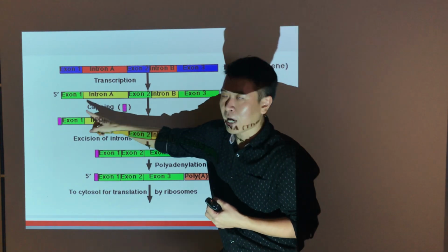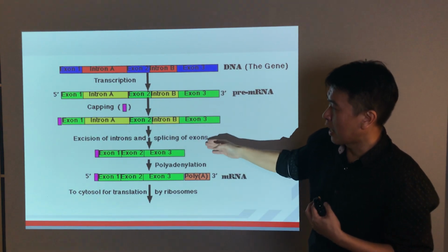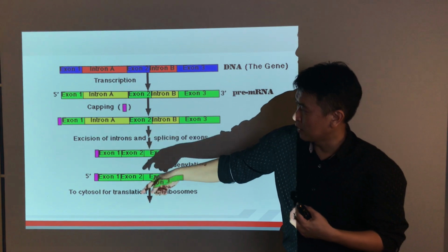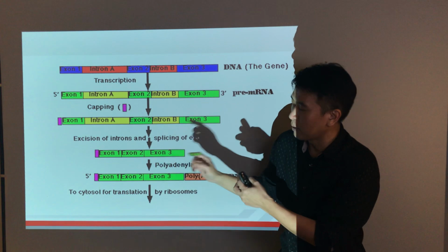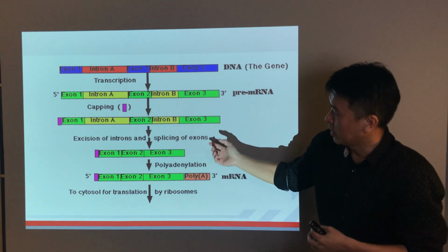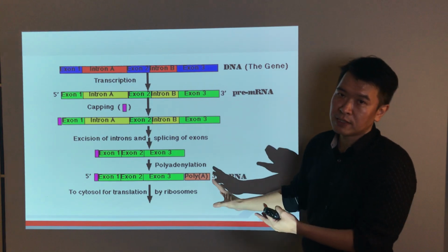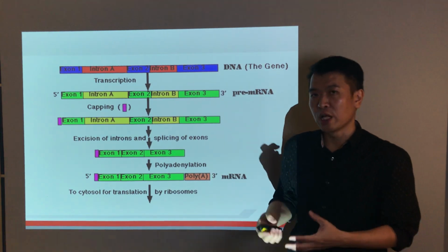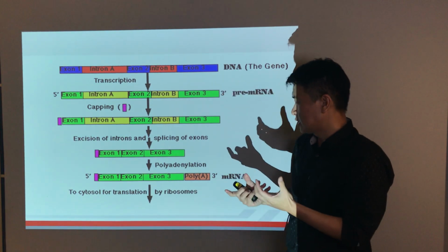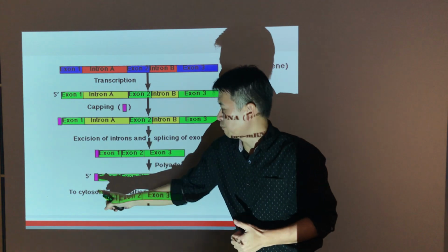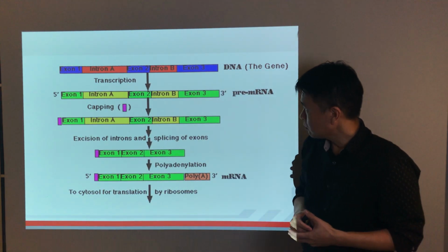The next step is adding a cap to this pre-mRNA, then excision of the introns and splicing, joining the exons together, and adding the poly A tail. Eventually, this is the complete mature mRNA. I hope you still remember the characteristics of mRNA. They must have a cap, they must undergo splicing, and they have a poly A tail.